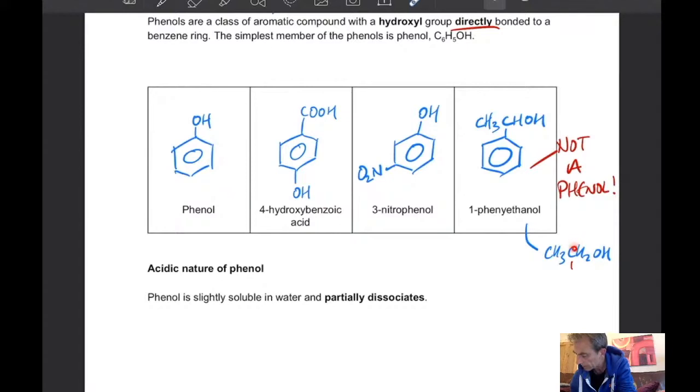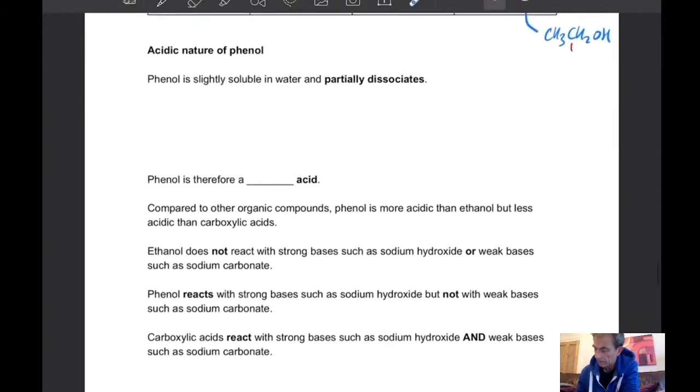So you've got a bond going to that carbon, a bond going to the O of the OH group, and then 2 hydrogens. All we've done is taken one of these hydrogens off and swapped it for a phenyl group. That's all the molecule is. But this is not a phenol because that OH group is not directly attached to the benzene ring. Whereas in all of these, it is. Right, I'm moving off, sorry.